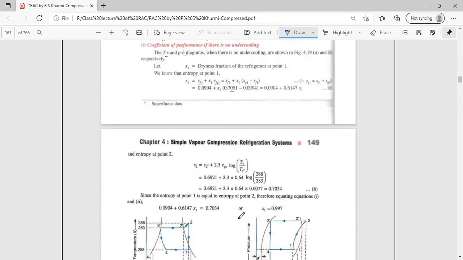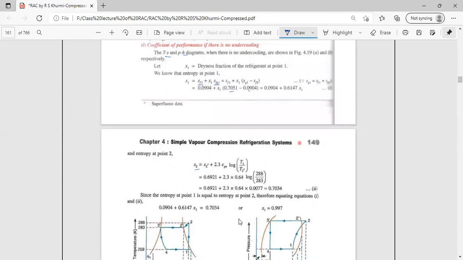Now, the entropy S2 at the point 2 is given by the entropy at the dry saturated line, S2 dash, plus 2.3 Cp of the vapor refrigerant multiplied by log T2 divided by T2 dash. T2 dash is the saturation temperature from which the temperature is raised to T2.